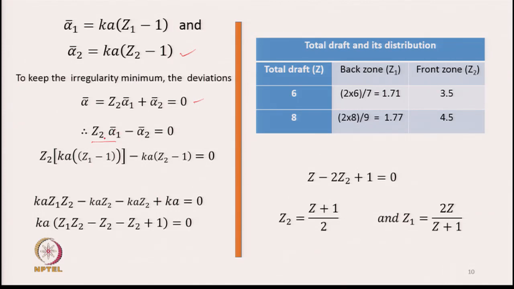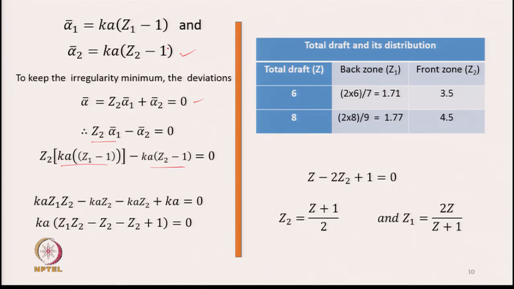We substitute the value of alpha 1 bar and the value of alpha 2 bar in this equation. Alpha 1 bar has been stated on the top, and alpha 2 bar also has been stated on the top. Just substitute and then simplify.